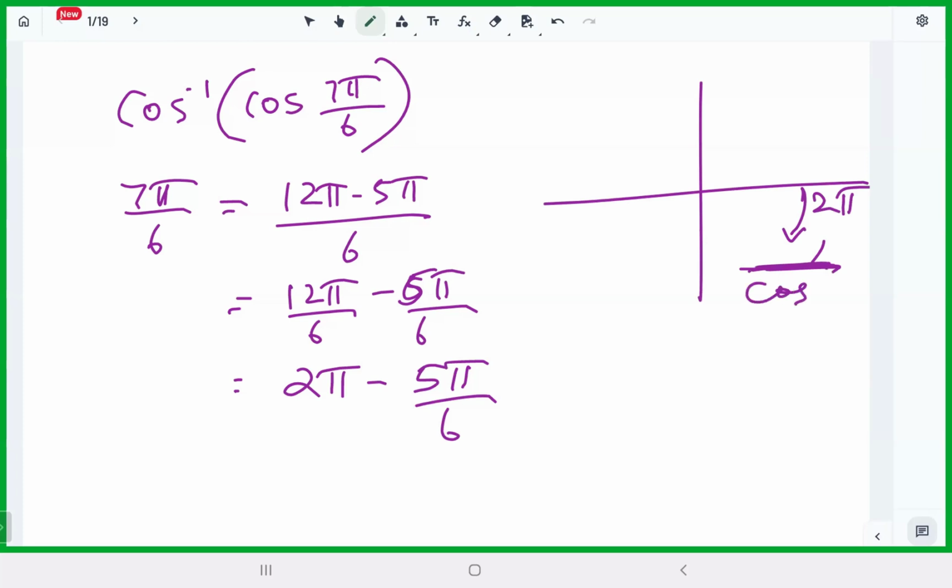So cos of 7 pi by 6 can now be rewritten as cos of 2 pi minus 5 pi by 6. Cos inverse of cos of 2 pi minus 5 pi by 6.